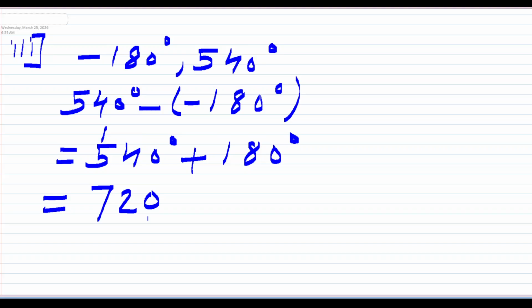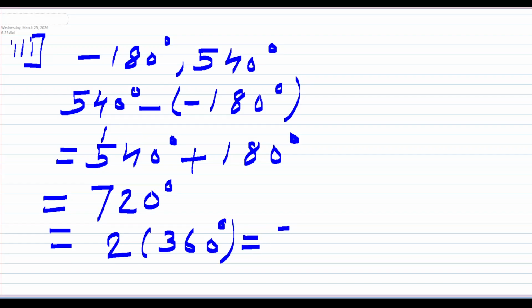So this will become 720. 720 is a multiple of 360. If you multiply 2 into 360, you will get 720.